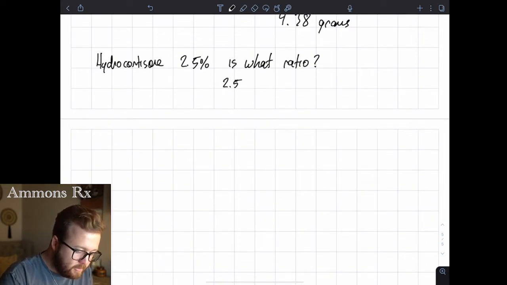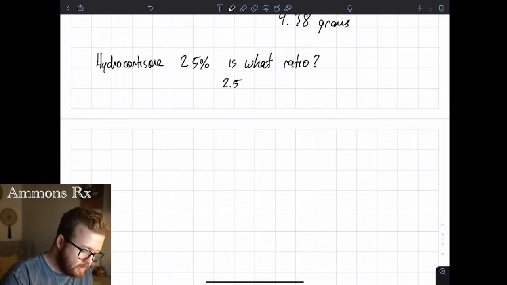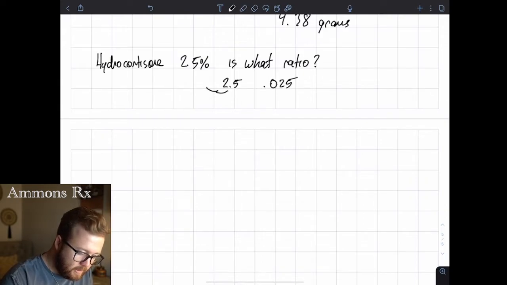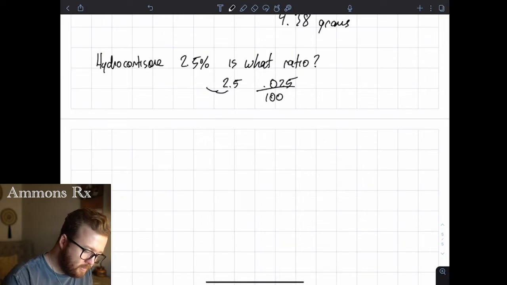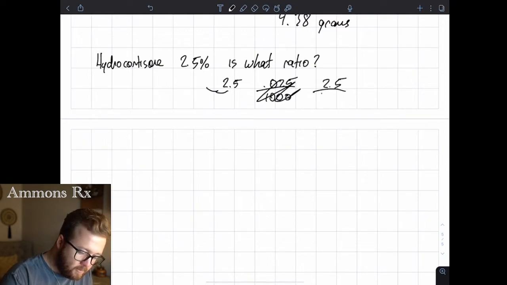So 2.5% is the same thing as 0.025. We're going to put that over 100, and we're going to put that over 1,000. 0.025 divided by 1,000. And then that can actually reduce, 2.5, 100.